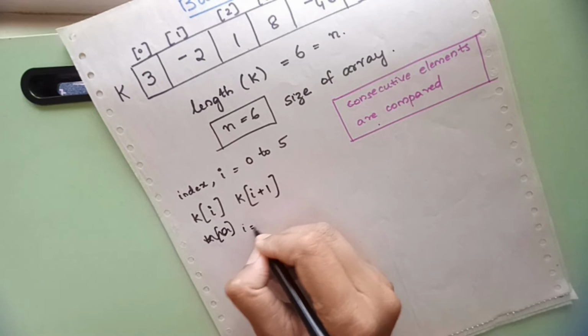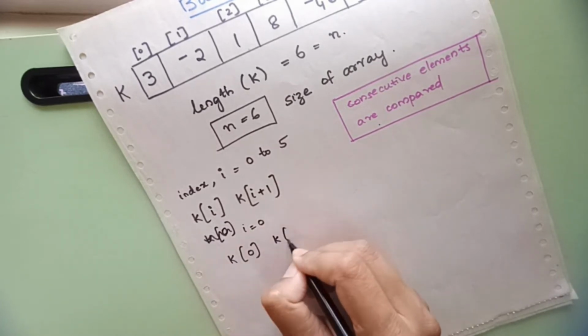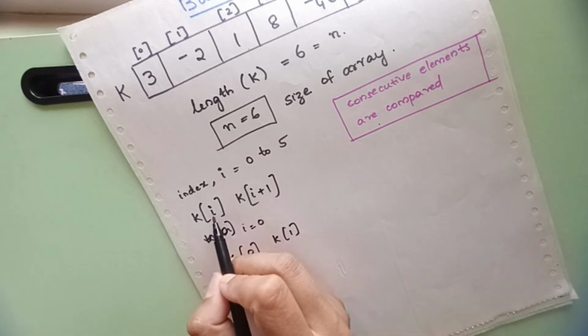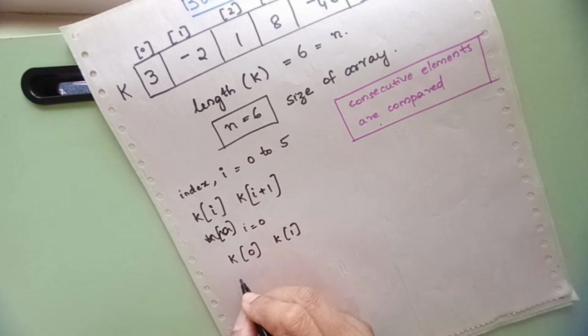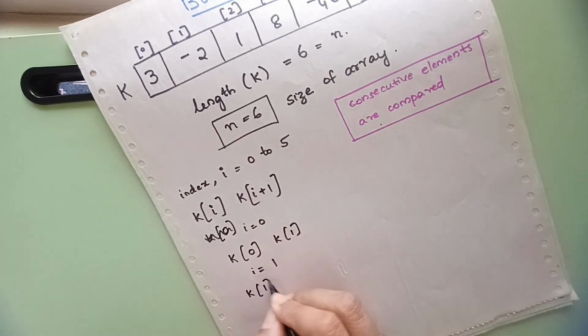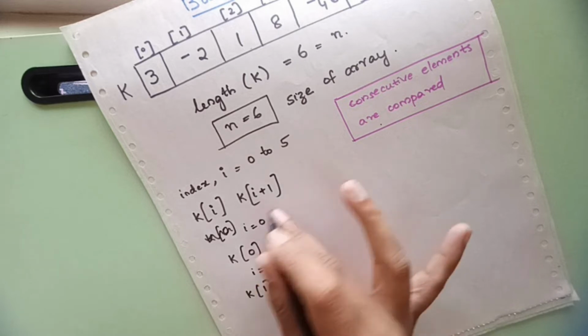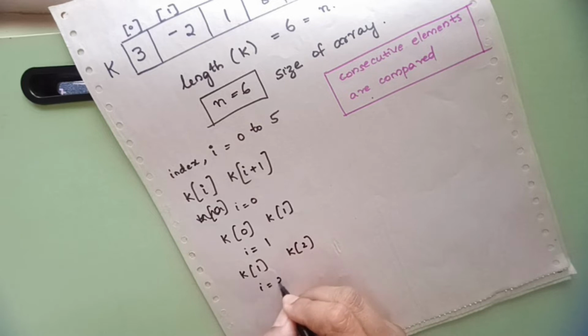If I is equal to 0, K of 0 and 0 plus 1 is 1, K of 1 will be compared. In this case, I will be 1. So K of 1 and K of 1 plus 1 is 2, K of 2 will be compared. Next case, I is equal to 2.